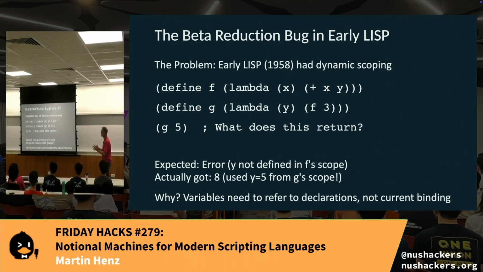So back then there was pretty much only machine code, assembler maybe, and they wanted to have very expressive languages. They came up with versions of this lambda-calculus and added things like defining functions.